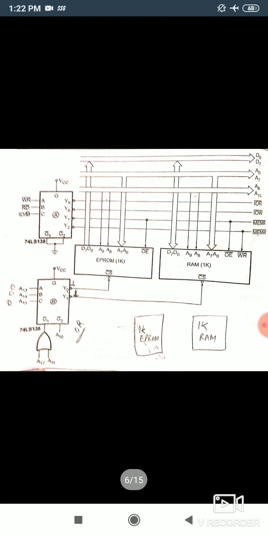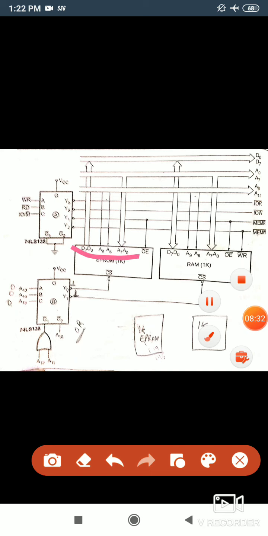Now if we see the starting address of the ROM, just come towards it. Besides chip select we have A0 to A9 for register selecting. The first register address would be all zeros and the last register address would be all ones. So A0 to A9 becomes 0 for the starting address and 1 for the last address.